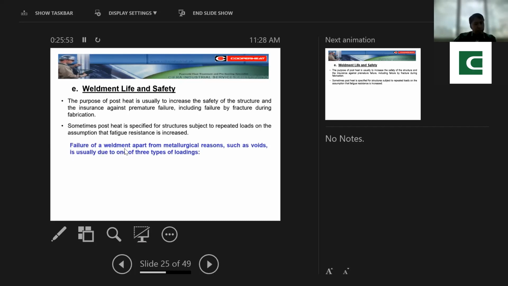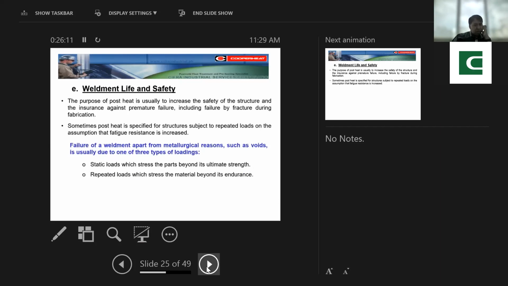So failure of your weldment, apart from metallurgical reasons such as voids, is usually due to one of these three types of loading. So static loading, repeated loads, and a combination of loading at a certain temperature will create brittleness.